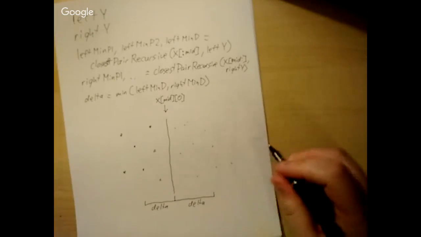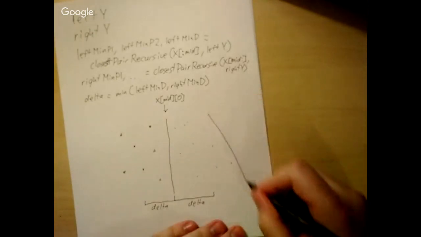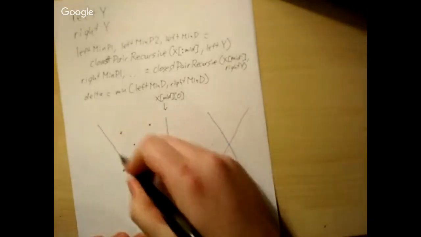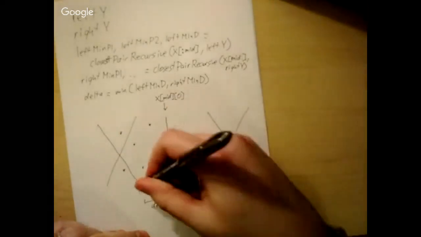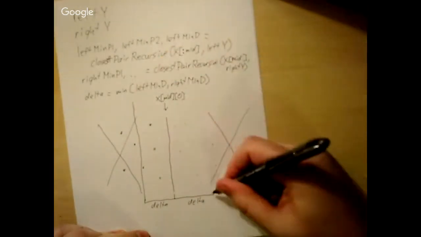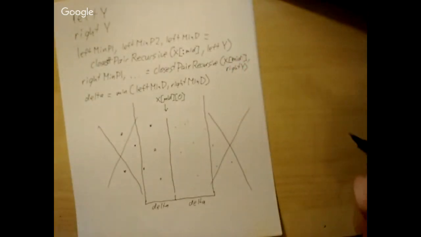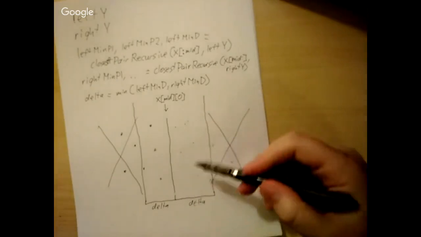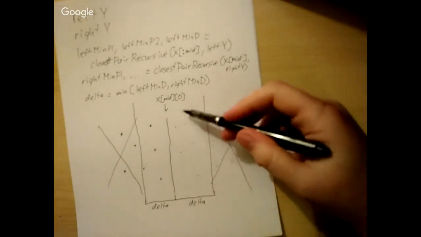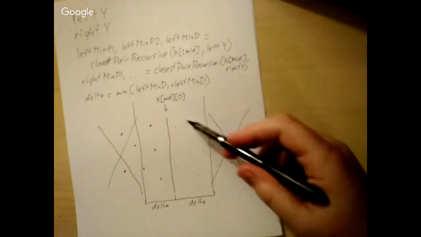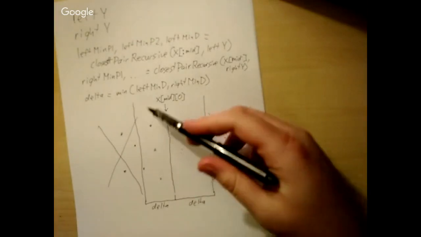So we can throw away everything over here and throw away everything over here. So this limits us to just this band around the midpoint. And so this gets us part of the way there, but we could still have lots and lots of points that are close together in x, but not close together in y.